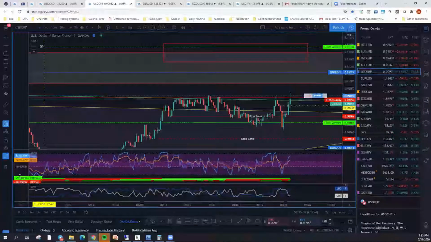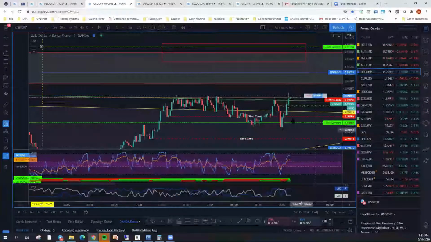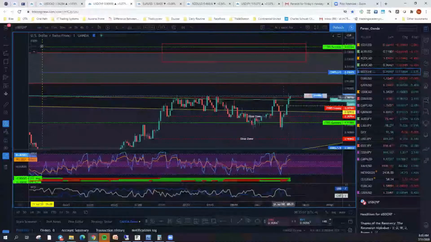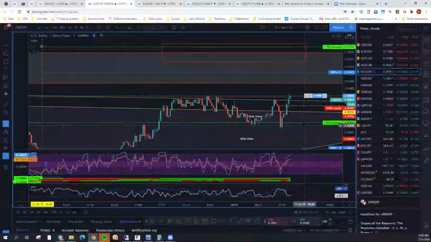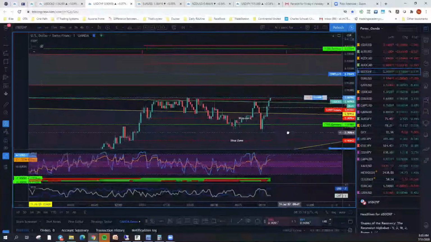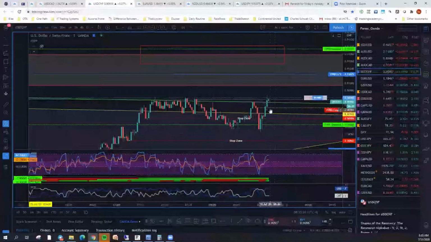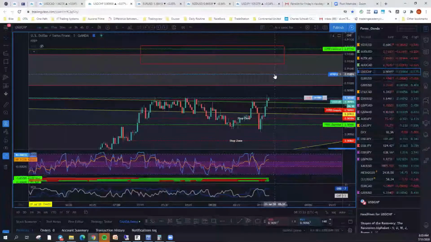Now we have the close above our, so that right there was pretty much an equal high. You're only talking 1 pip. And that's your spread, basically. Still looking to see. I'll probably get out if it comes close to it.